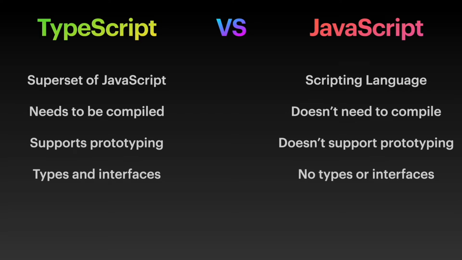And an interface is defined with the keyword interface, and it can include properties and method declarations using a function or an arrow function. So TypeScript supports both of these, but JavaScript, at least when TypeScript was launched, didn't support either of these.